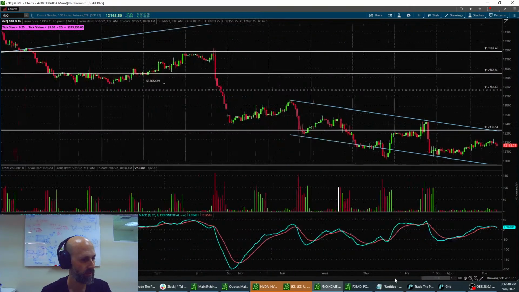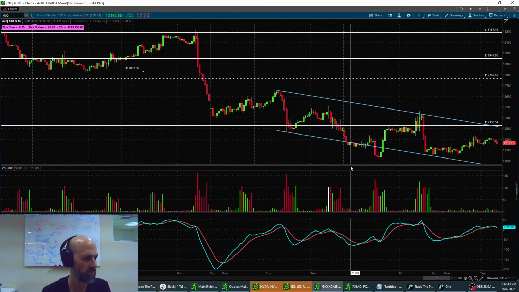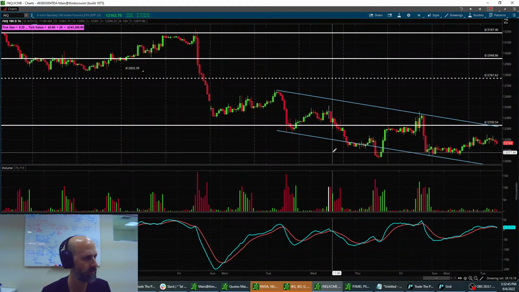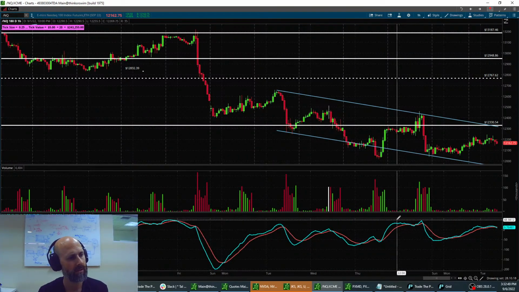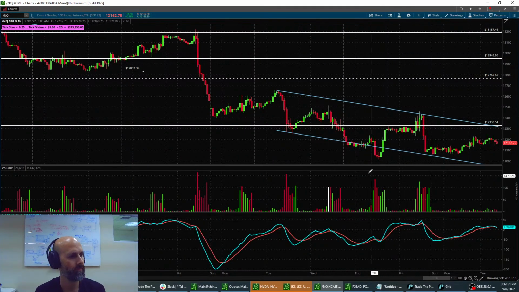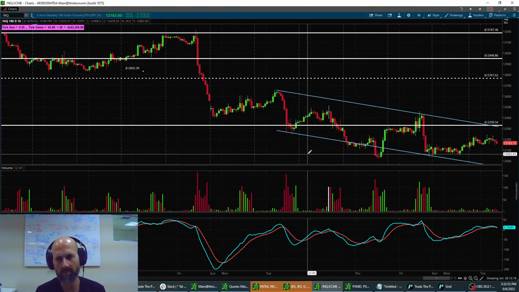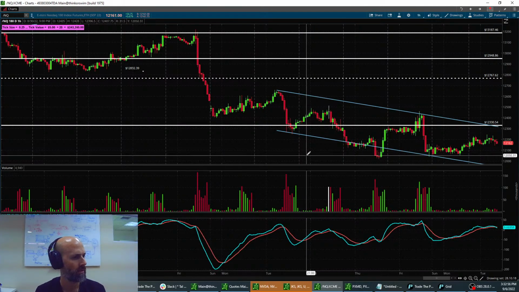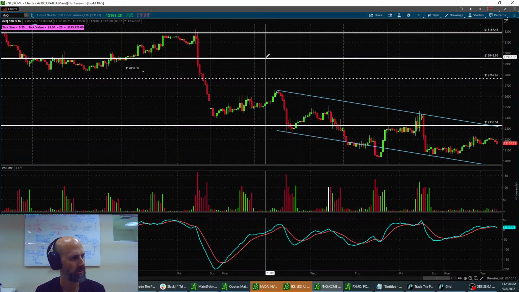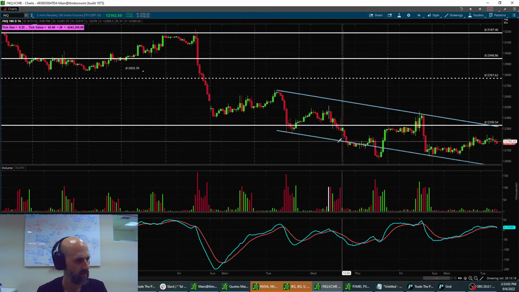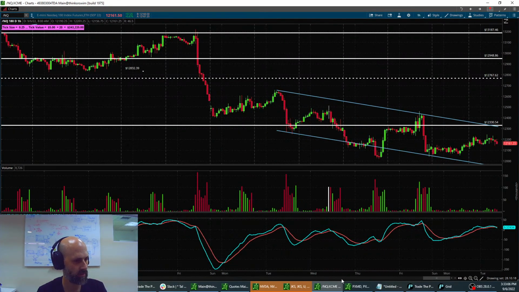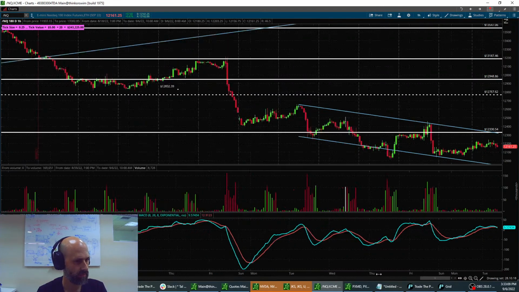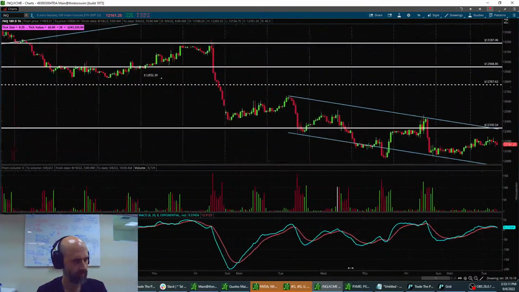So, a quick look. Usually when it comes to futures, I don't look for any indicators besides the MACD and maybe one or two EMAs, exponential moving averages. Other than that, I use just trend lines or horizontal lines, as you can see here. So we can see that the Nasdaq has been trading in a downtrend inside of a range, a channel.